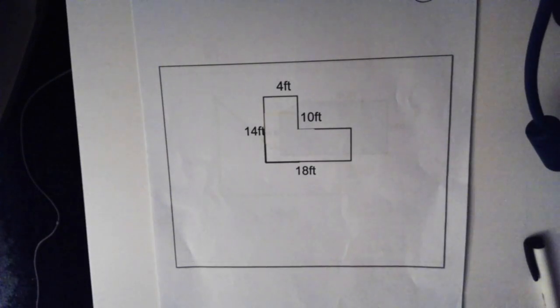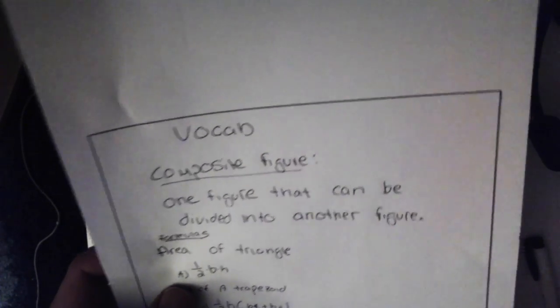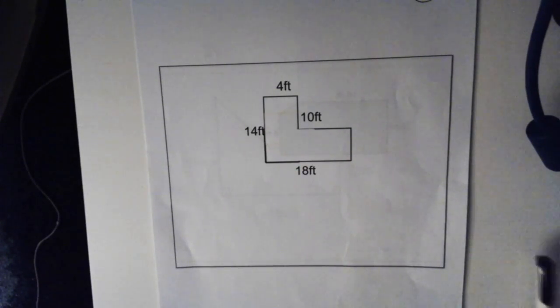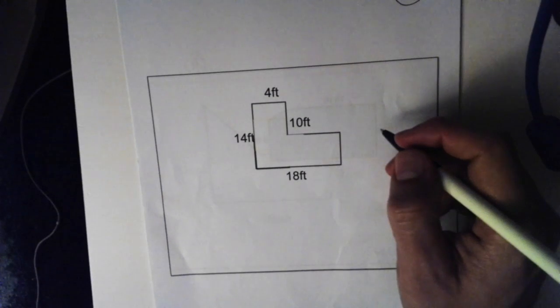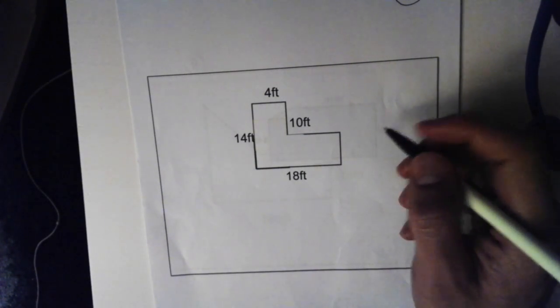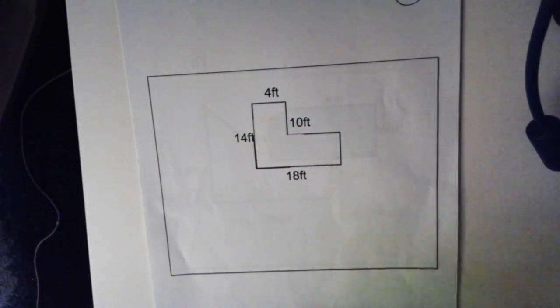So here we're given a composite figure, and a composite figure is a figure that can be divided into another figure. So we'll start off with this question by simply finding the area of this rectangle here. Okay, and I know it's a rectangle because this is 14 here and this is 18.